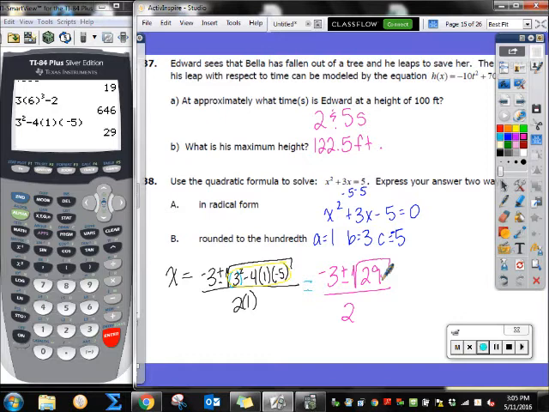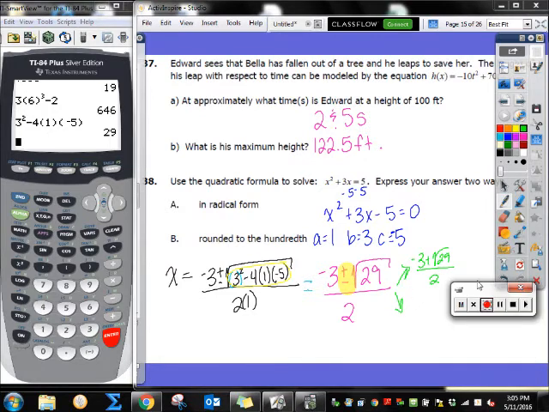Now, when I need the other two rounded to the 100th, I'm going to have to do this twice, because remember, you have to have 2 answers since we have this plus or minus. Okay, so you're going to have to break it apart. The first one would be negative 3 plus root 29 divided by 2.